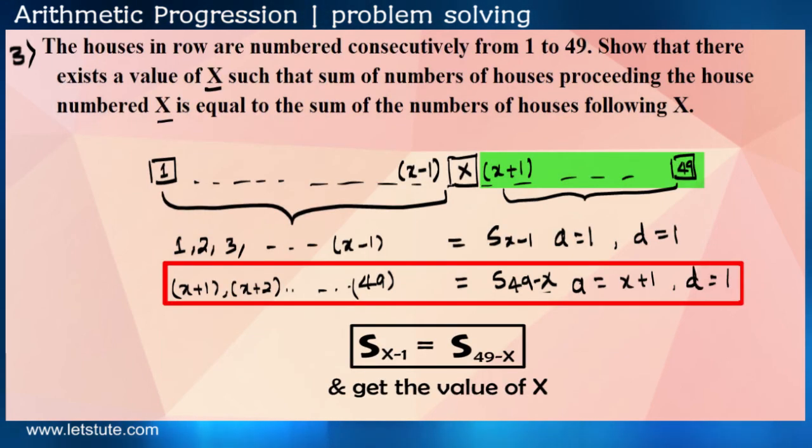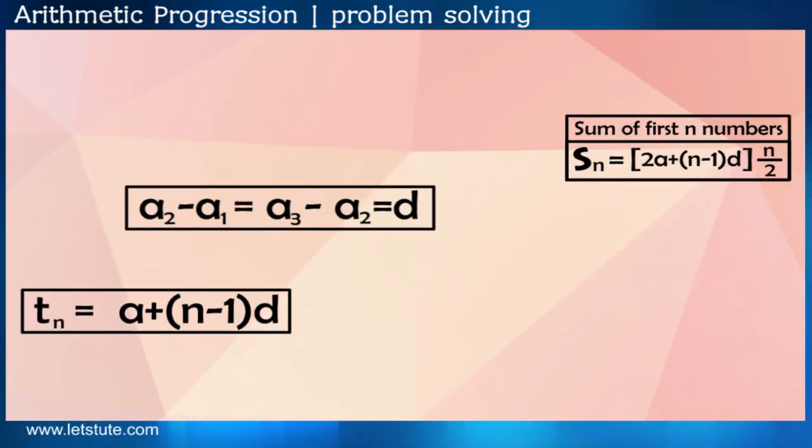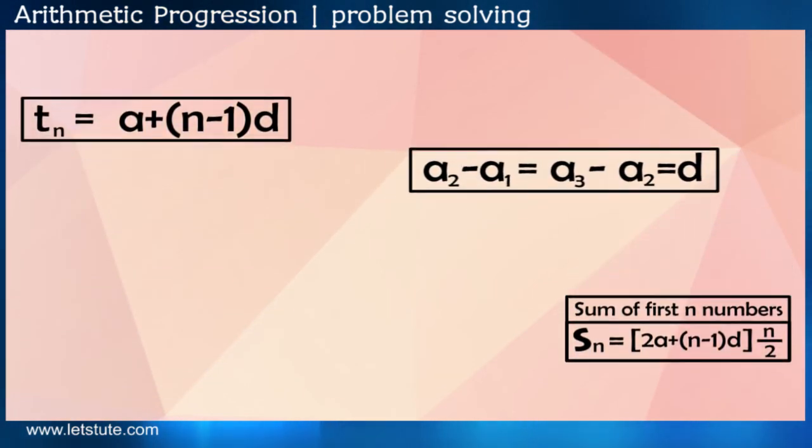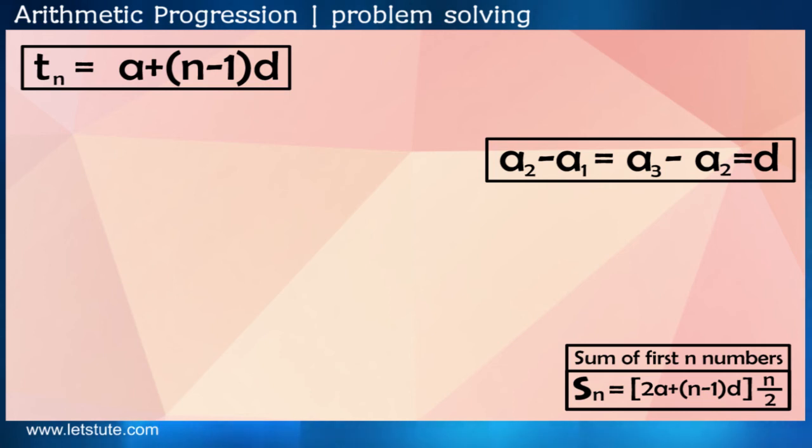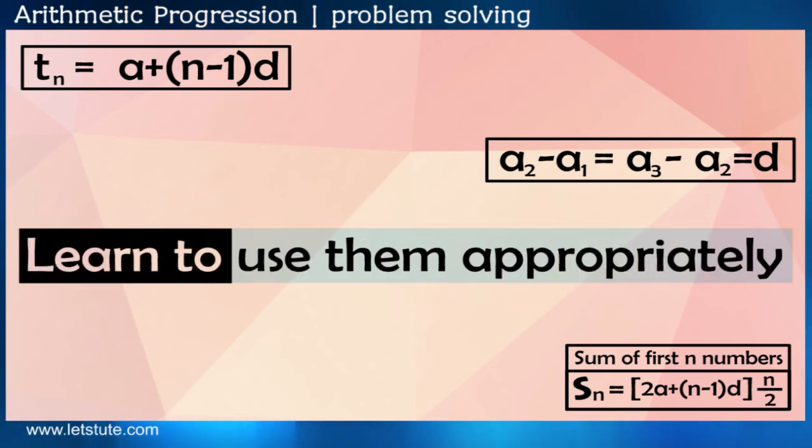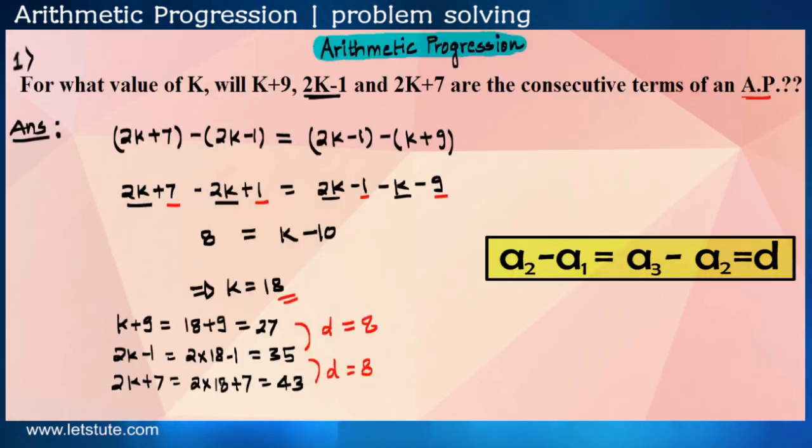Okay? So this is all the picturization of each and every question you must do before attempting them. Formulae are just like a machine in which we put data and get the required value. But collecting data and using it in the right way is what we must learn. Like in the first question, we used the principle that differences must be equal.